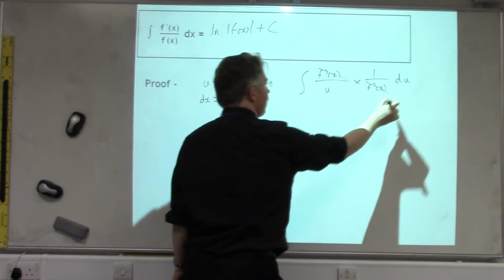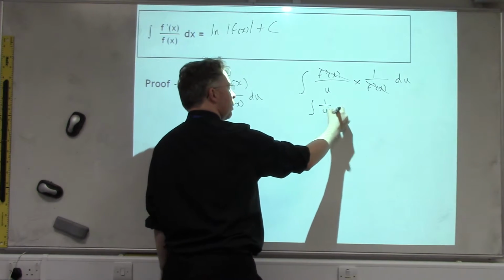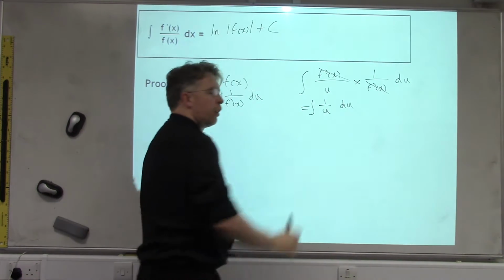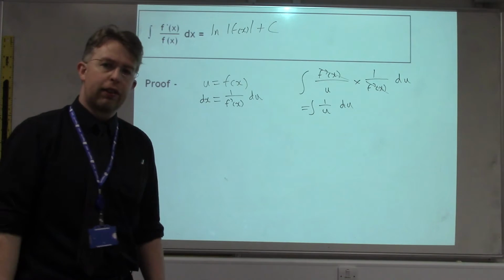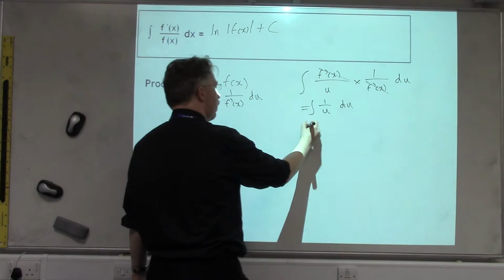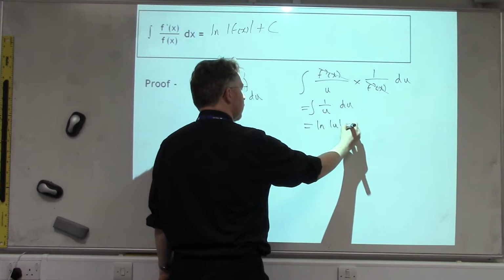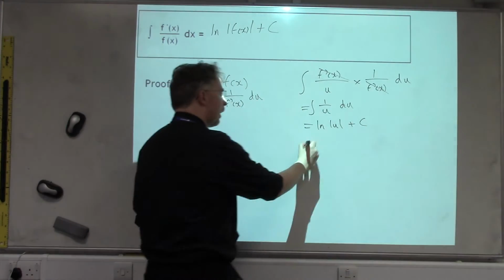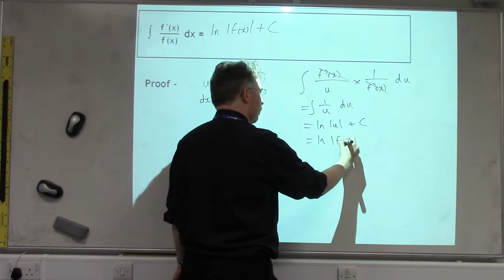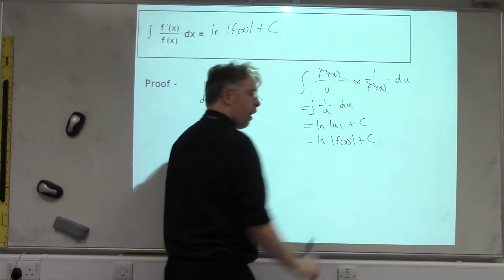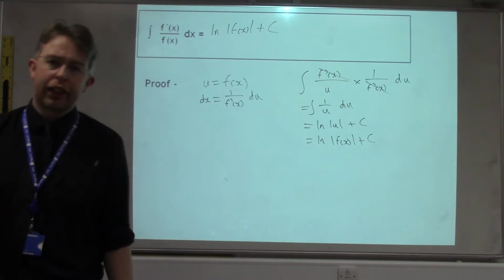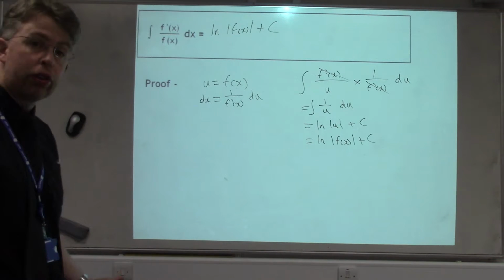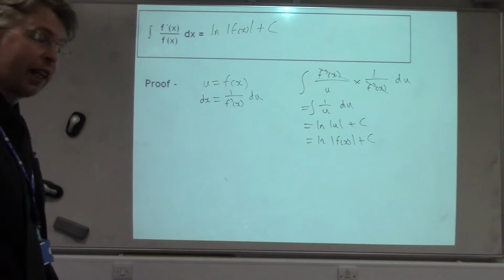The f dash of x's cancel. So you get the integral of 1 over u du, which integrates to ln of u, plus c. Put the u equals f of x back in, and we've proved the result. So the key thing, basically, is to be able to use these when they come up. So you need to recognise the scenario.